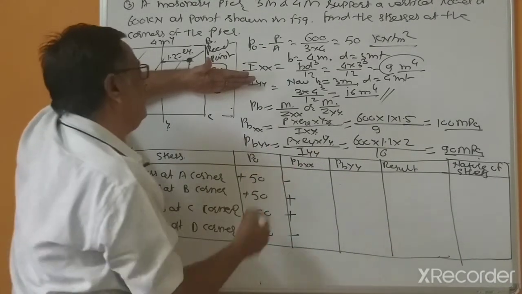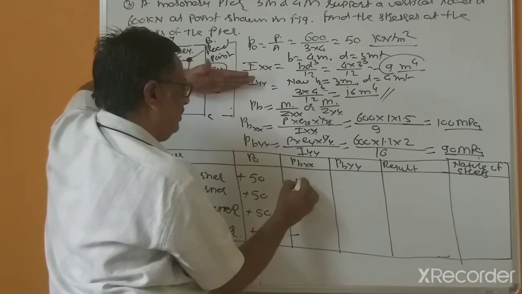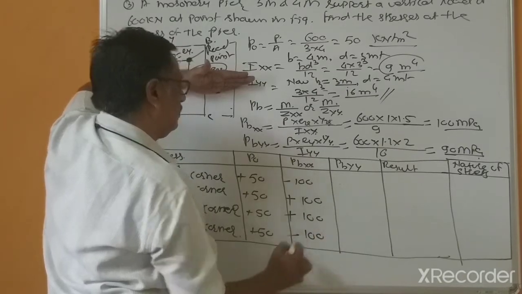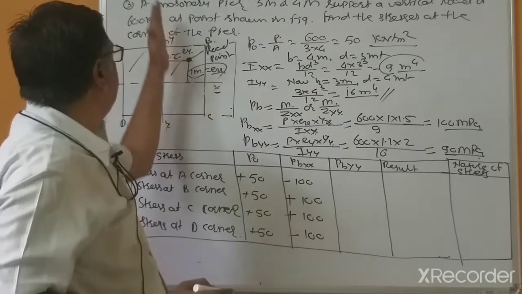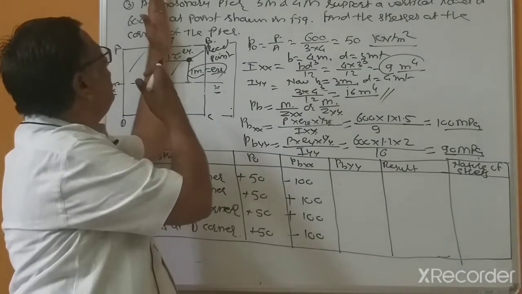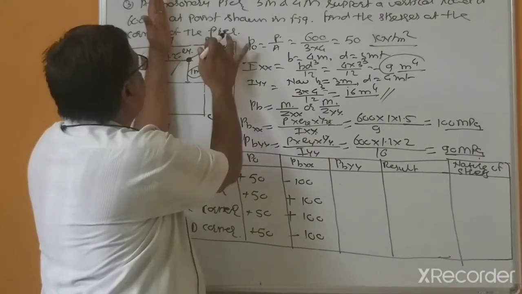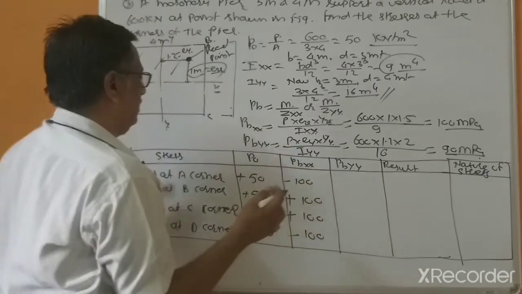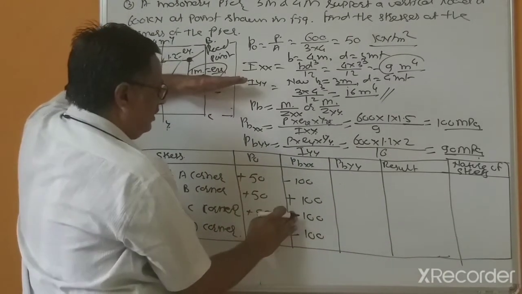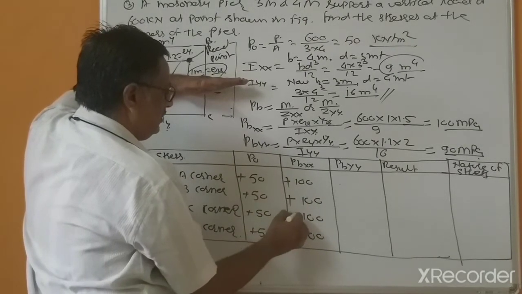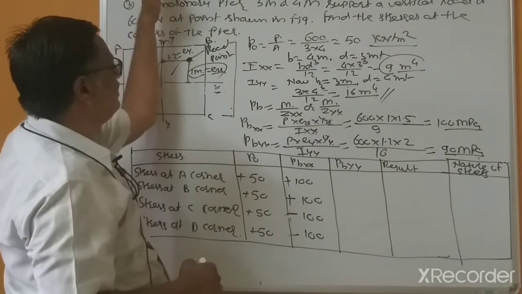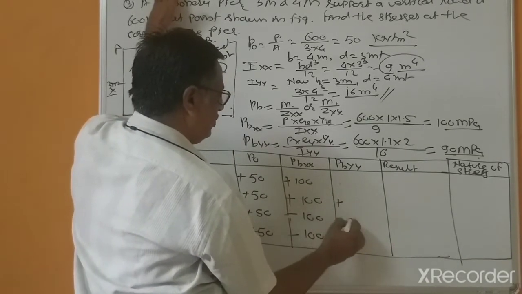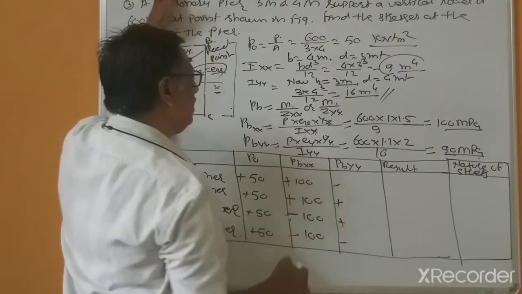Now for PB YY, about the YY axis, the load point is on the right hand side, at B and C points, so this is positive at B and C, and negative at A and D.